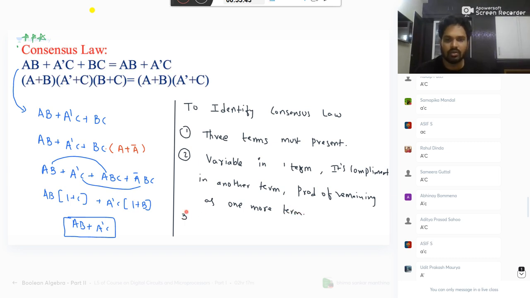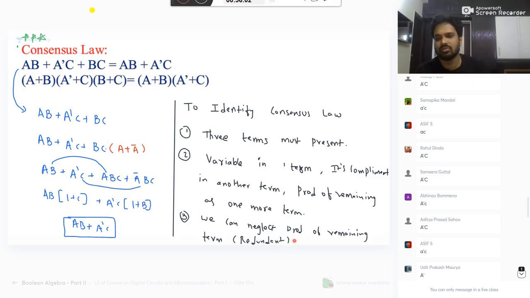Then we can neglect the product of the remaining terms, which we call redundant. So these are the three rules to identify the consensus law.